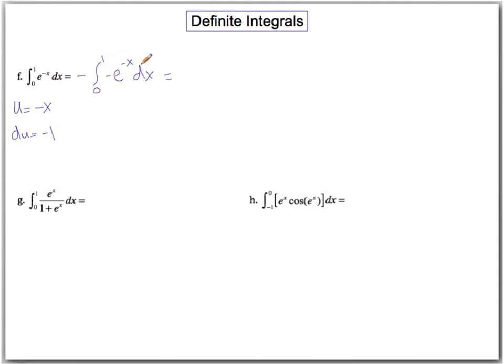And so if we were to integrate this, now we have e to the u du, so it's just going to be negative e to the negative x. And we're going to evaluate this from 0 to 1. So we have negative e to the negative 1 minus negative e to the negative 0.